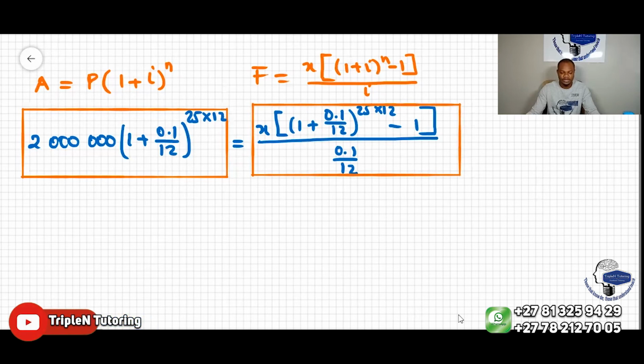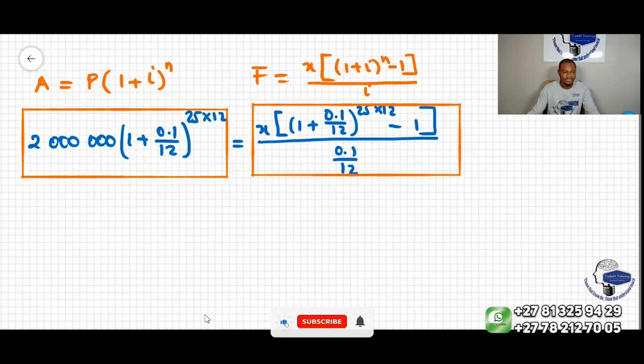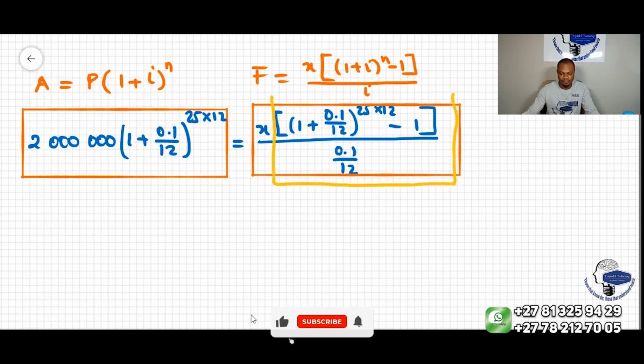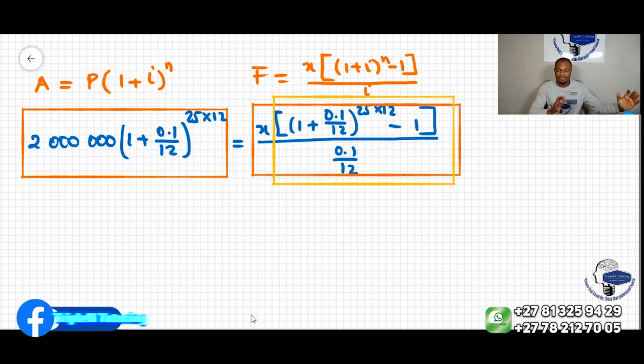Now we're going to equate the two. If the two are equal, we can cross multiply, or in short, we take the fraction over here and reverse it with the other product.